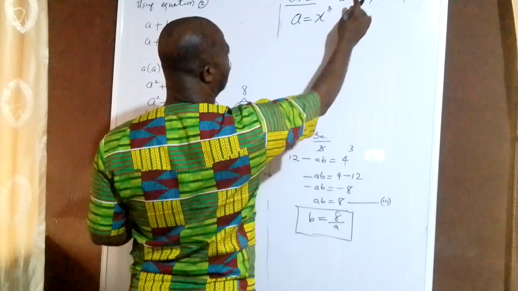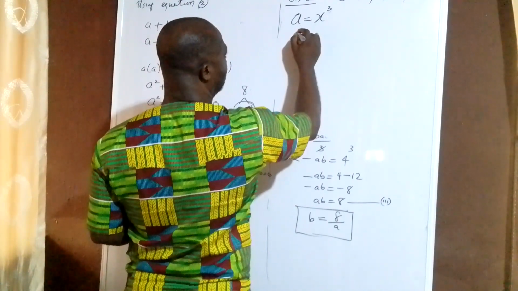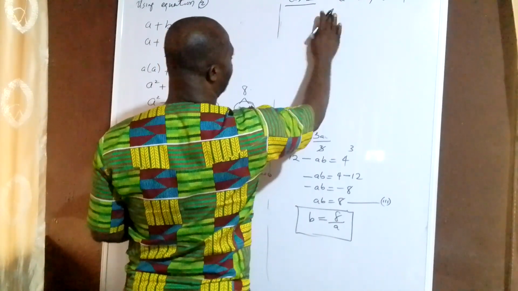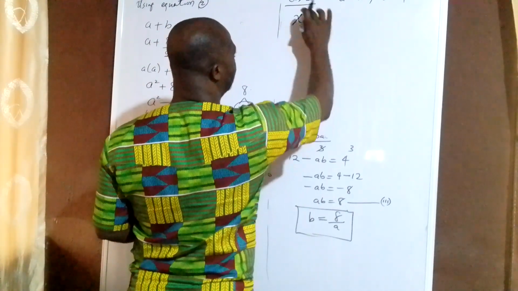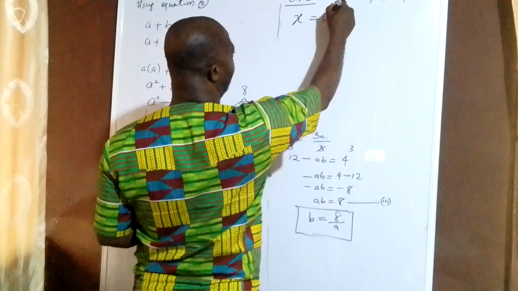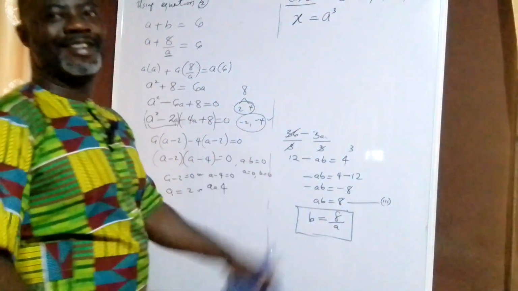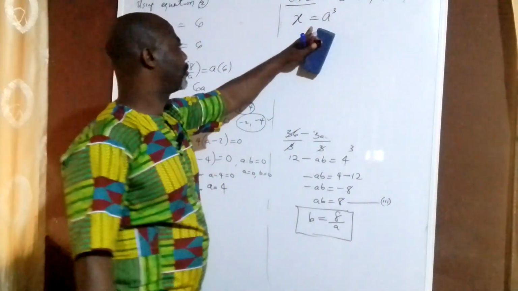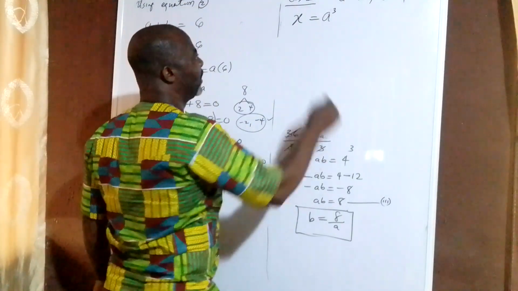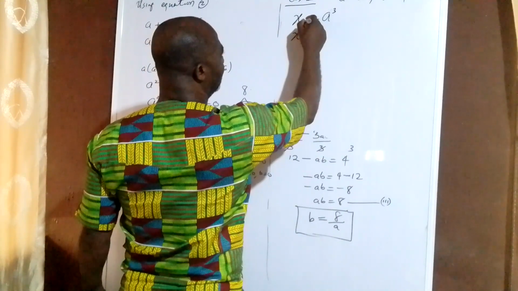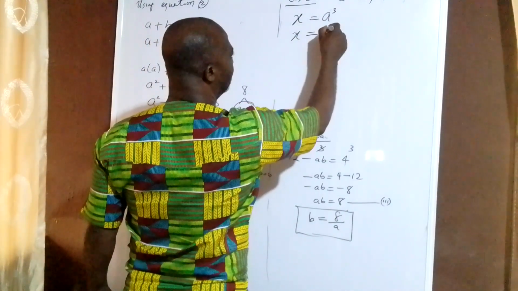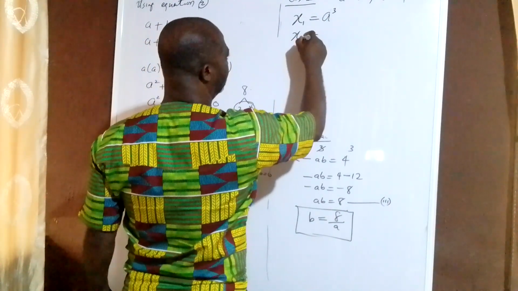So if that's the case, then if a equal to 2, that means x should be equal to a to the power of 3. Sorry about that, I mix up there. x should be equal to a to the power of 3. So this will be x1.